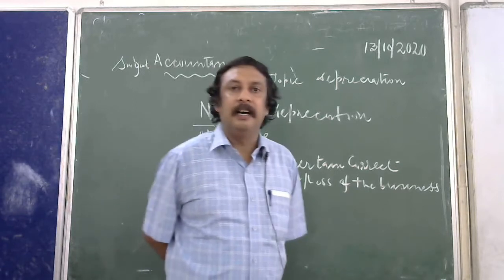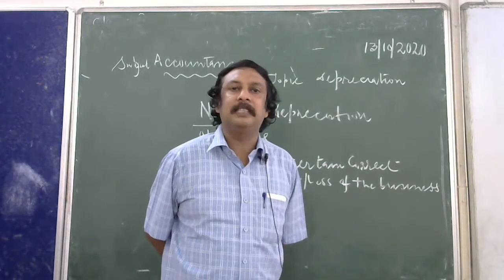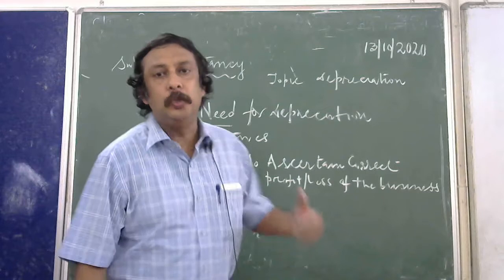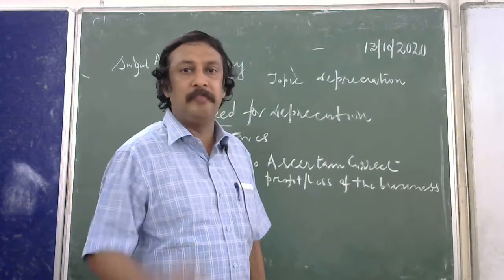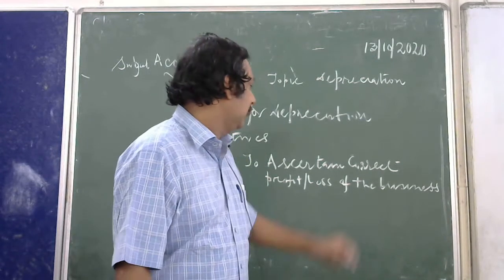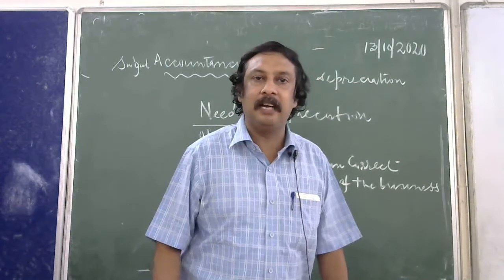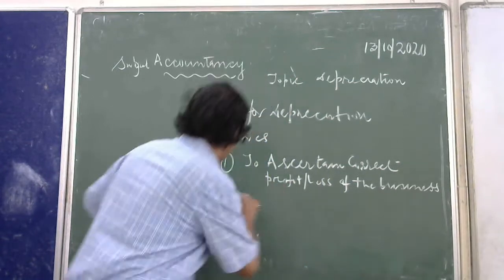Hence, depreciation is charged as an expense of the business to ascertain the correct profit of the business. So first and foremost, depreciation is charged to ascertain the correct profit of the business.